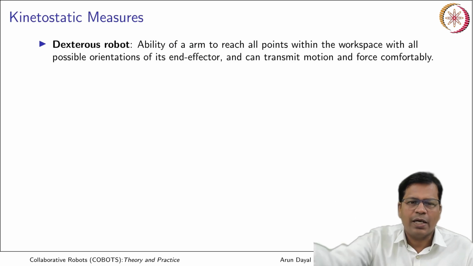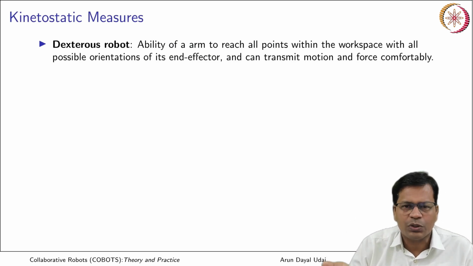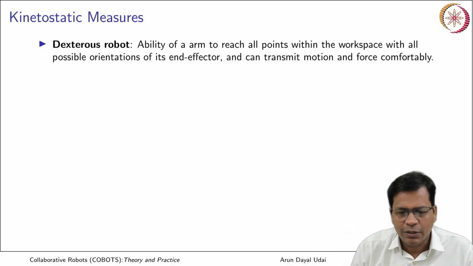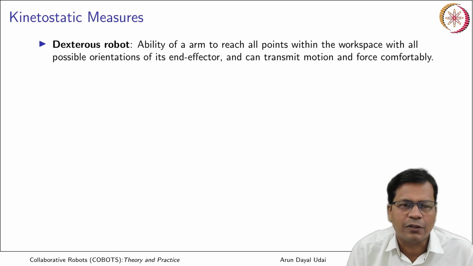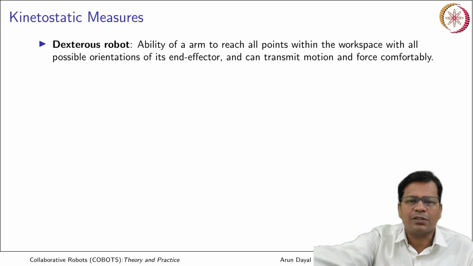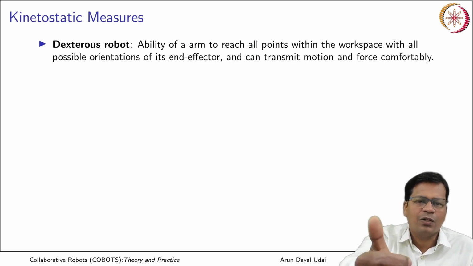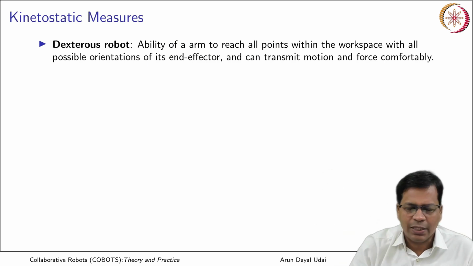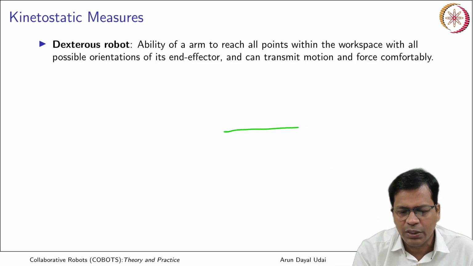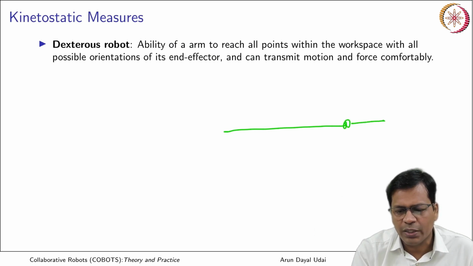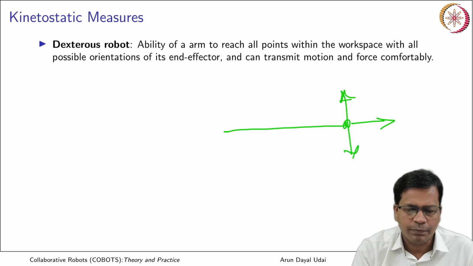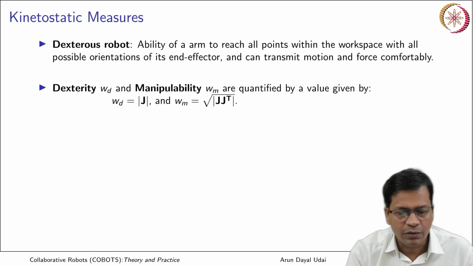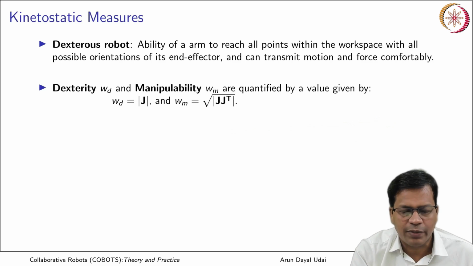At any location you can transmit motion and apply forces in all directions. It is not as in the case of the fully stretched condition, where you cannot push further and can go only in the vertical direction. If your arm is fully stretched, you cannot go further along this direction, but you can move like this. So dexterity is the measure of that.